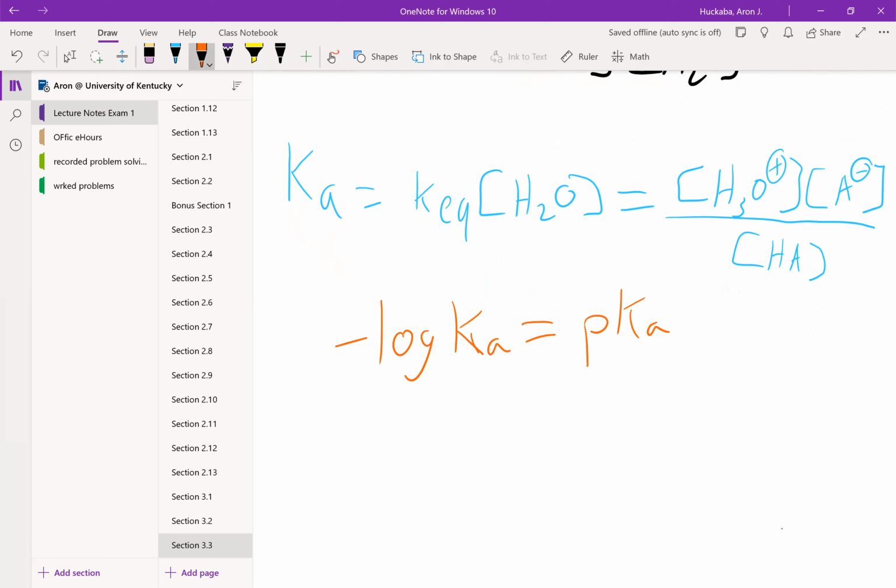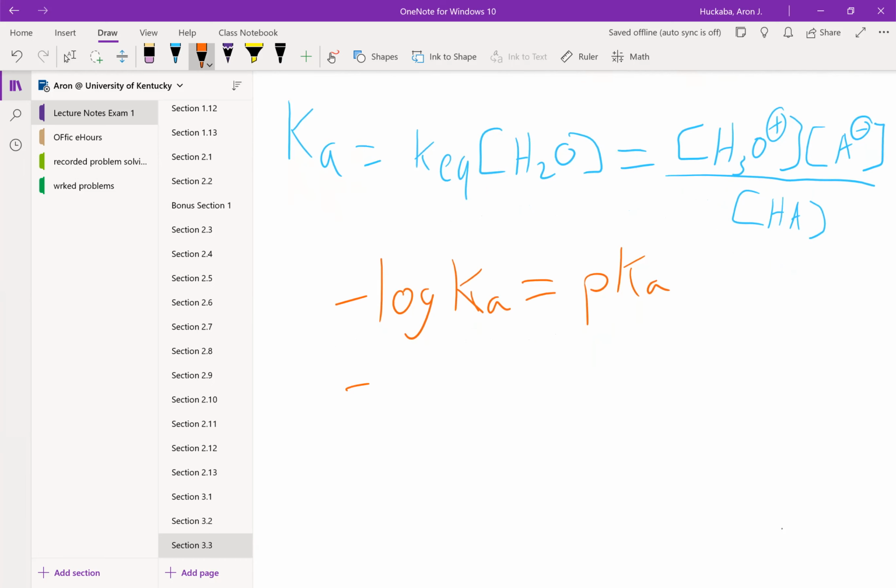You might remember that the negative log of the concentration of protons in a solution is equal to the pH, right? We learned that as well. Here we're going to talk more about pKa. That is the strength of an acid to dissociate whenever it is in a solution or dissolved in some solvent.